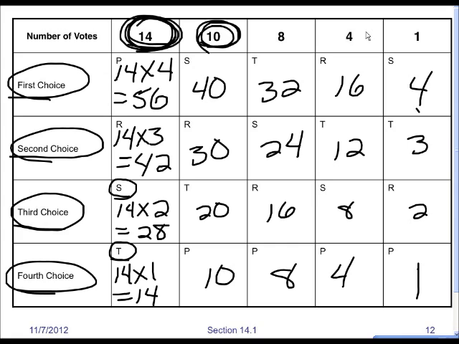Okay, so once we got this far, we have to add up all the points for Paul, add up all the points for Rita, add up all the points for Tim, all the points for Sarah. So we look for all the Pauls.